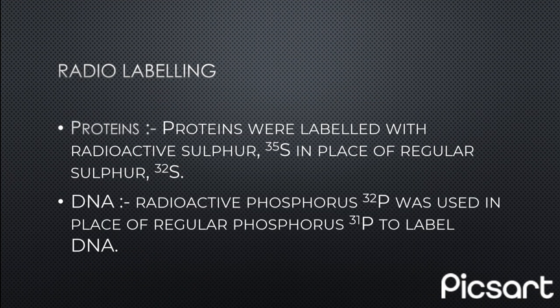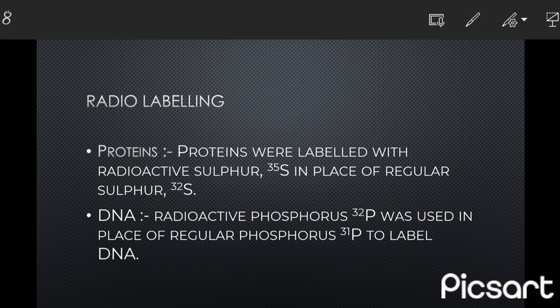Now this experiment used the radio labeling technique. What is meant by radio labeling? Radio labeling is a procedure where some known atoms are replaced by their radioactive isotopes. We know that proteins or any biomolecules are made up of atoms. During radioactive labeling, these atoms are replaced by specific radioactive isotopes.